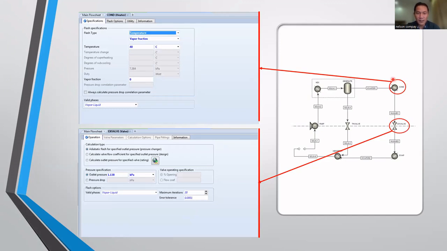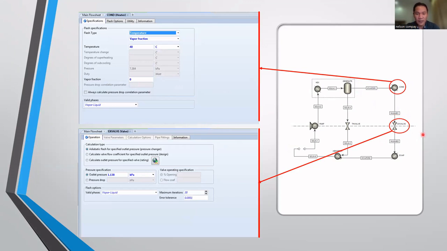Next is the condenser, which rejects heat to maintain a 40 degrees Celsius temperature and change the vapor to liquid water with a 0 pressure drop.